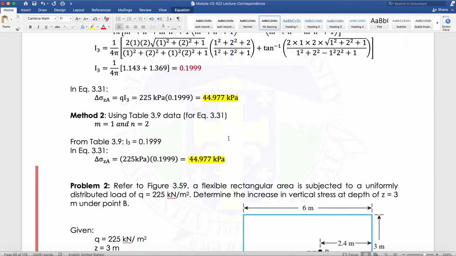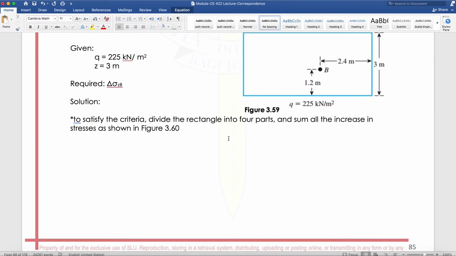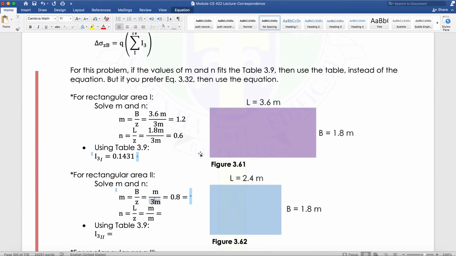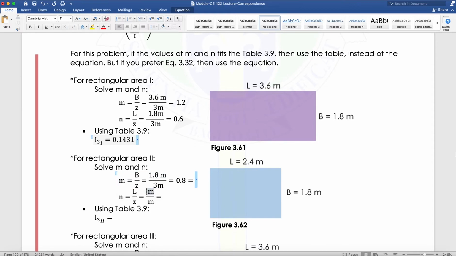But, let's follow the equation. Okay? So, we have here B is equivalent to 1.8 divided by 2.4. So, 2.4 divided by 3, ilan yan? 0.8. Ito yung 0.8.